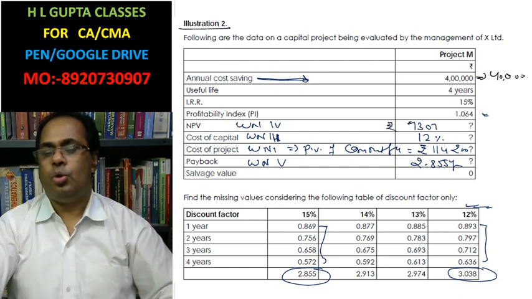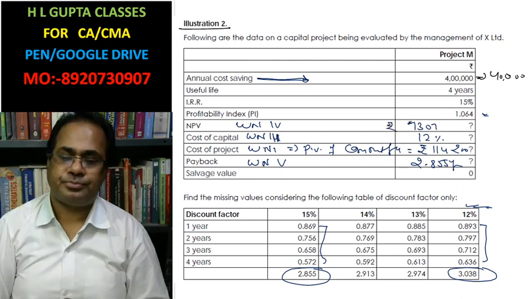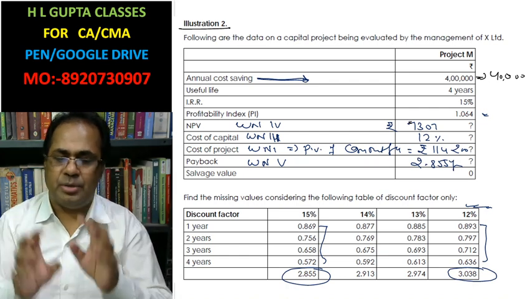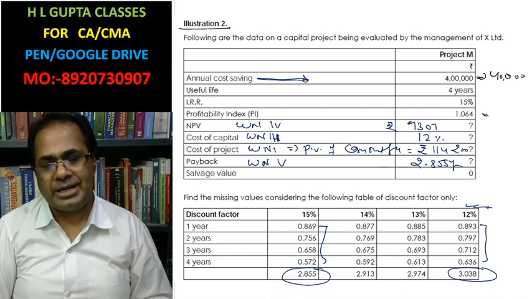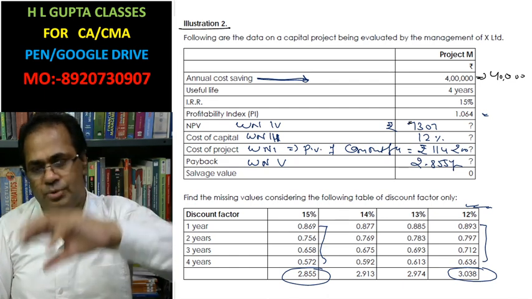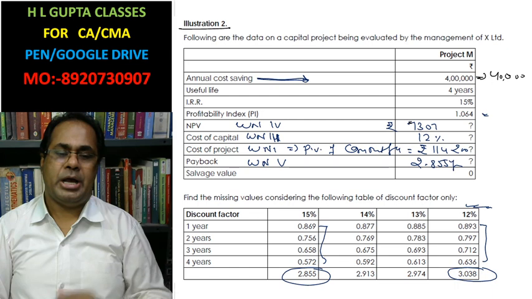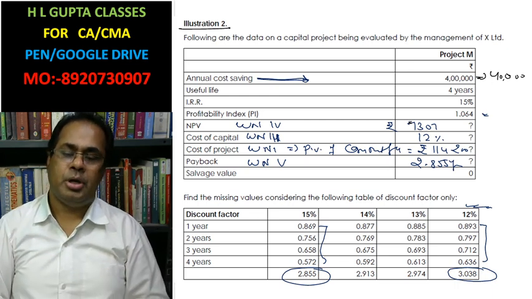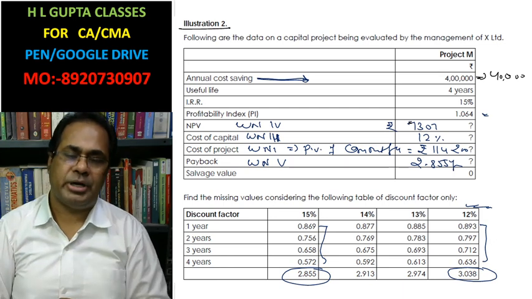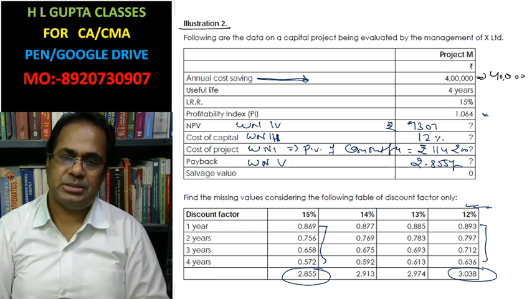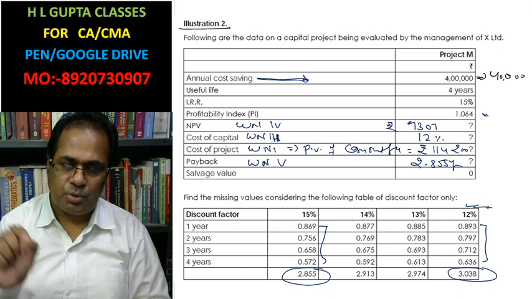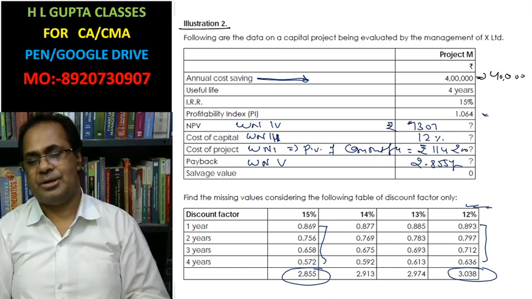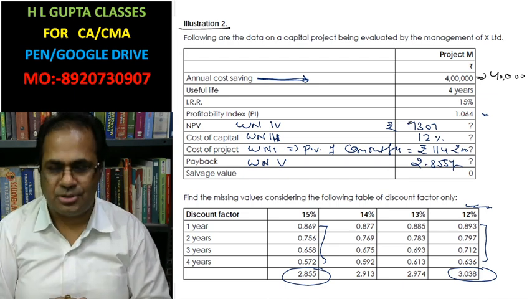Look at it. Whenever you have to fill in the blanks, in that case on the first page you write the fill in the blanks, and on the second page you start the working note. According to the working note you calculate each and every requirement, and as per the working note you write the answers. Okay, this question is completed. Okay, thank you class, this is also a good question.